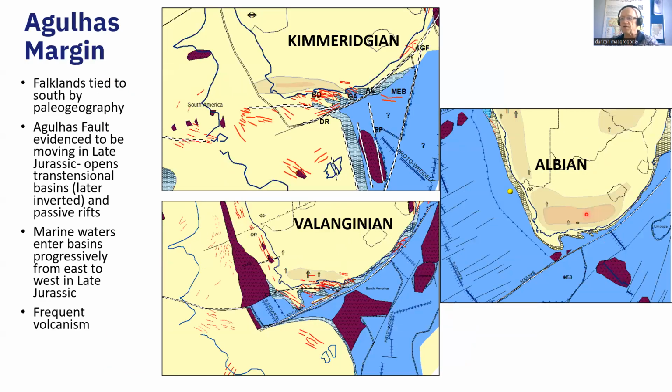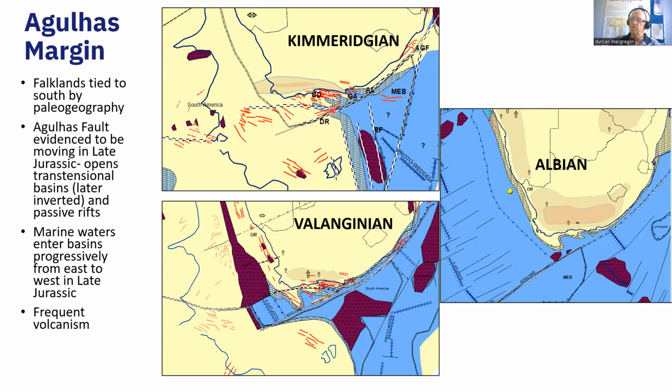Moving around to South Africa, the conventional interpretation is that this fault, the Agulhas, which forms the continental ocean boundary, got going in the earliest Cretaceous, opening a very small part of the southern South Atlantic at that time. I believe the fault is actually older.